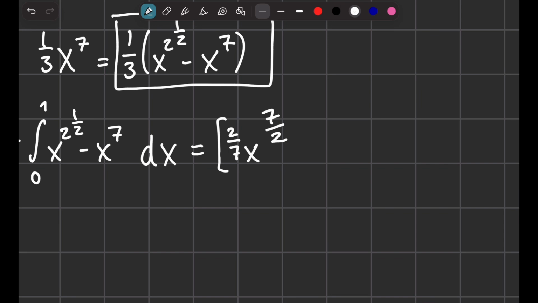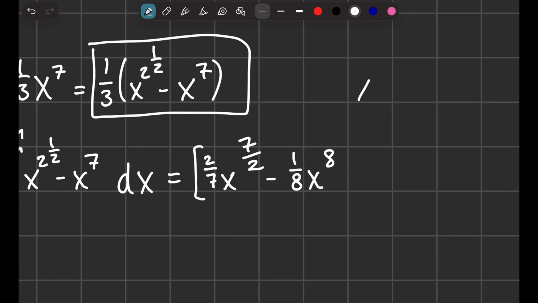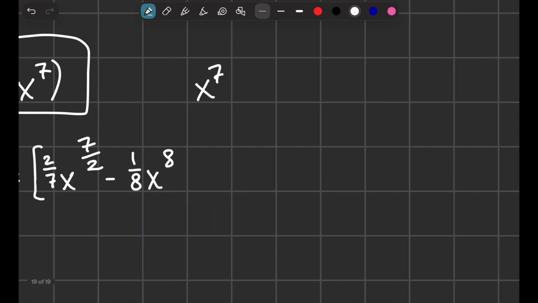Cool. And now we have minus 1/8 of x to the 8, right? Because we have x to the power of 7. The integral of that becomes x to the power of 7 plus 1, right? Because n plus 1, and then 1 divided by n plus 1. So 1 divided by the new power. So that's just going to become 1/8 times x to the power of 8.